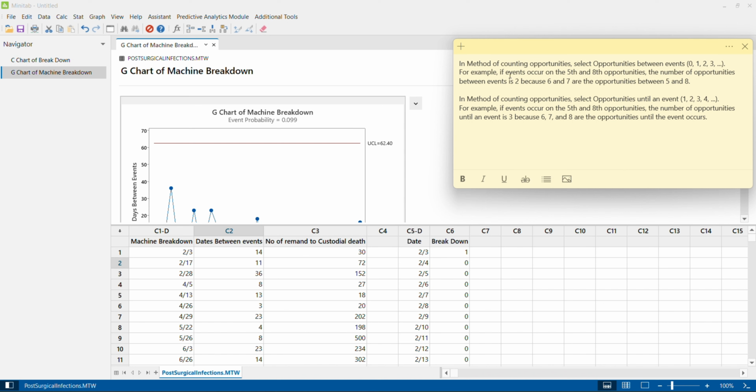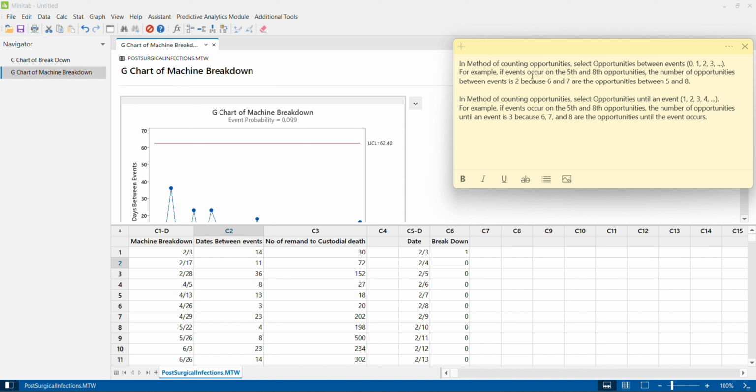It means if an event occurs on the 5th and again occurs on the 8th, and you select 0, 1, 2, 3 in Minitab, you are actually counting that the number of opportunities between events is 2. Why 2? Because on the 5th it happened, on the 6th it did not happen, on the 7th it did not happen.